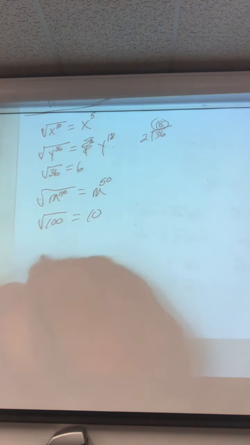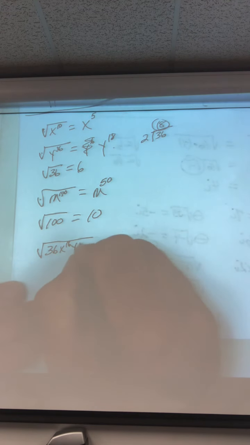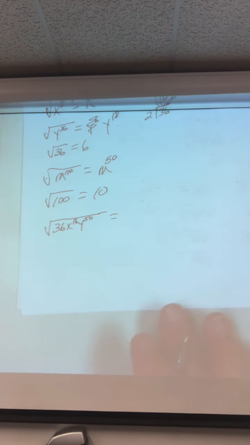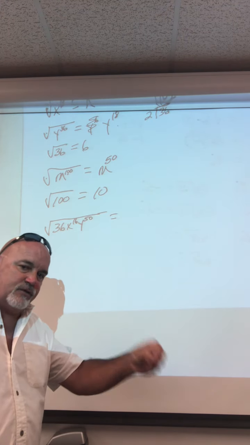Now, if I have square root 36 x to the 16th y to the 50th. Remember we said a while ago, the square root of a times b, you can do those separately.